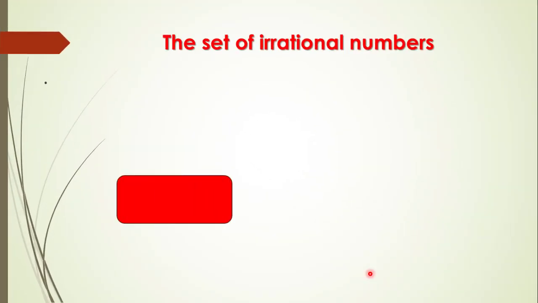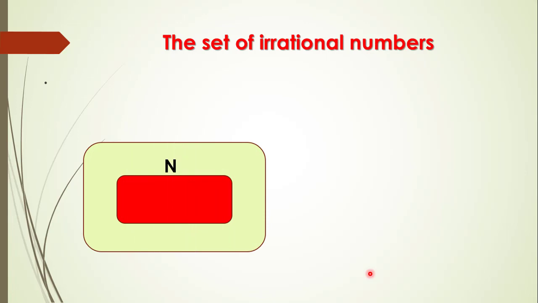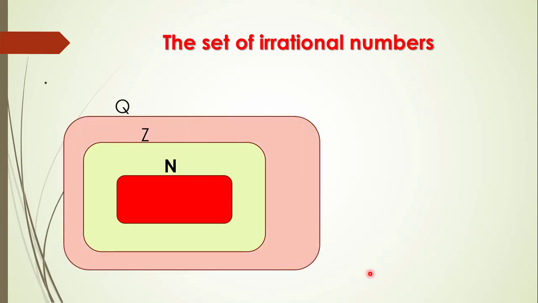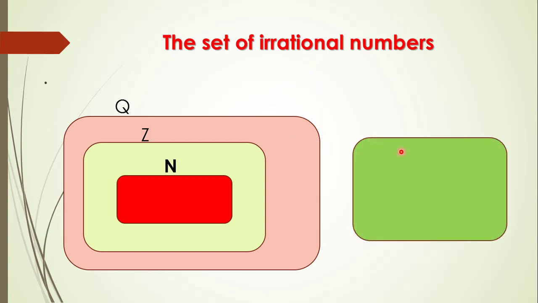So the natural numbers are a subset of the integers, and the integers are a subset of the rational numbers. Our set today is irrational numbers. Irrational numbers is a disjoint set. Here this is Q dash. So we have Q and Q dash.